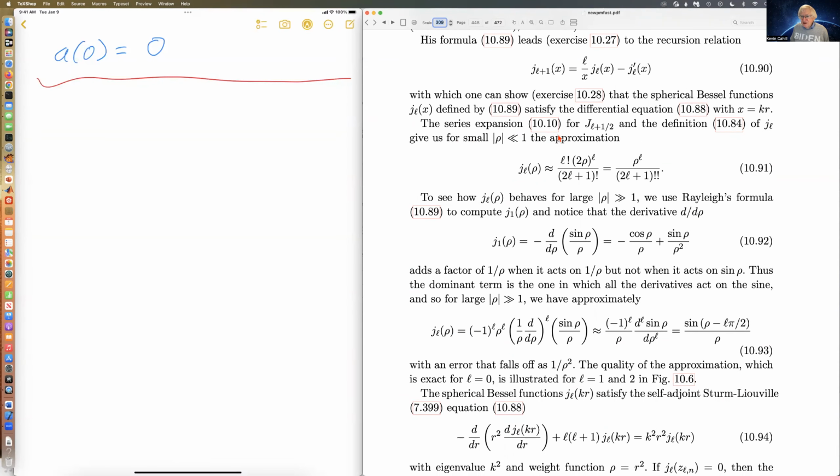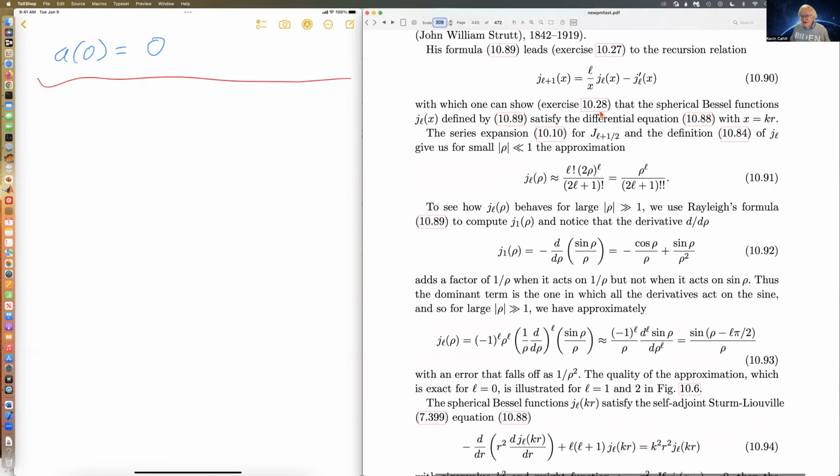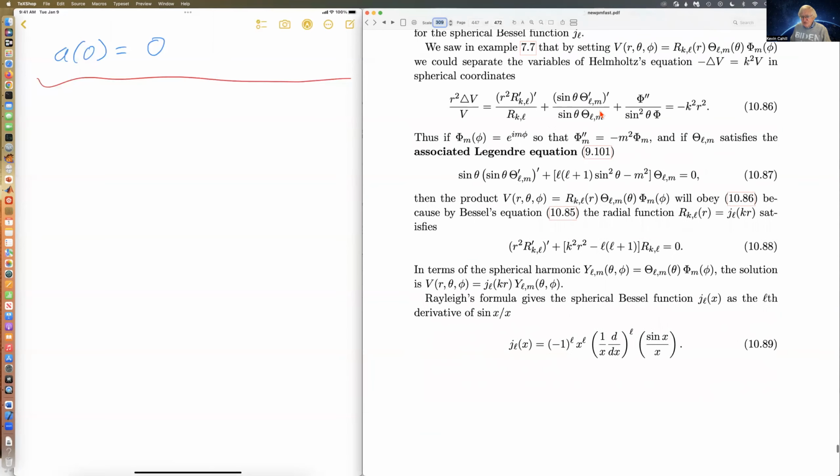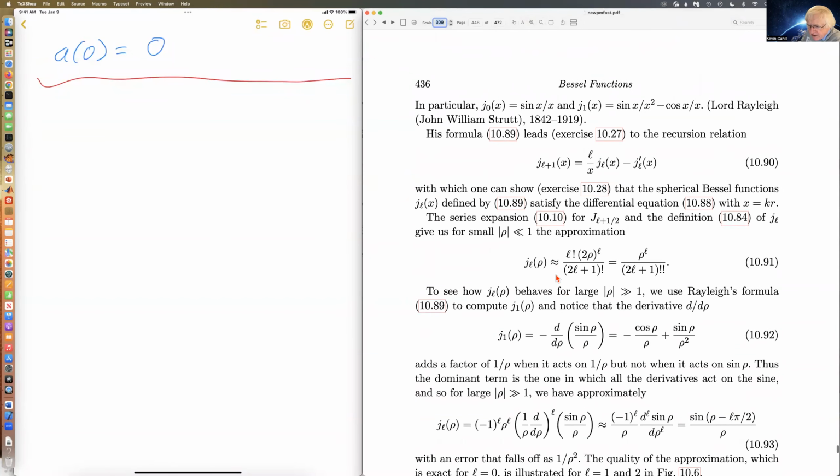The series expansion, that's the thing that I avoided because I wanted to skip the cylindrical ones. They give a formula for j_l of rho, but on the other hand, you can also get your approximate formula for j_l from this formula here. And what you learn is that j_l of rho basically goes as rho to the l.